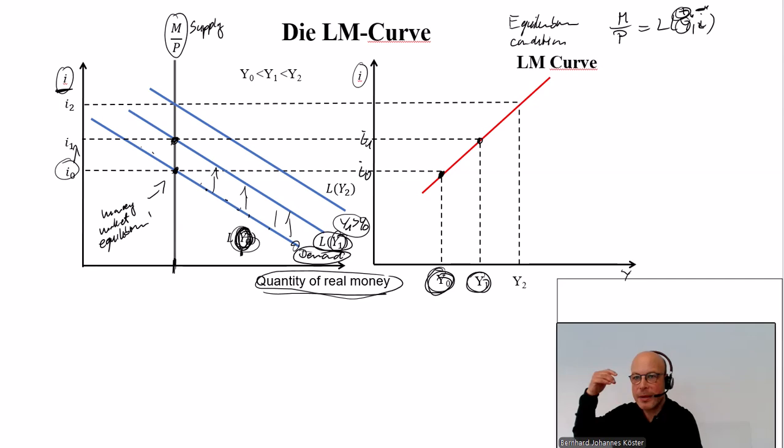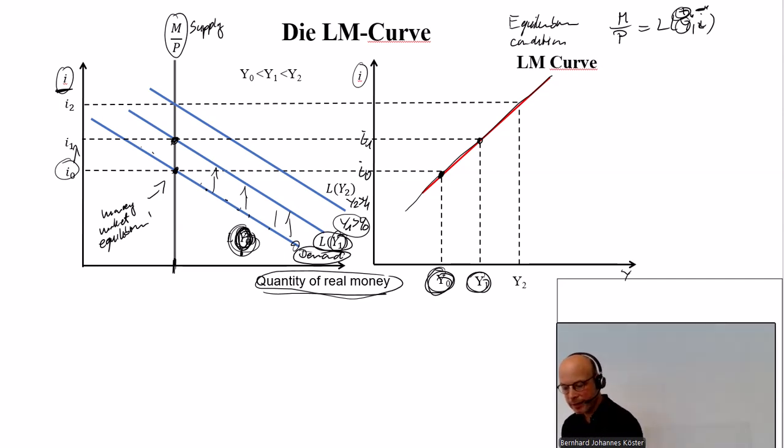Then we might make the thought experiment to do this calculation for all possible incomes: another y2 larger than y1, y3, and so on. And we can even decrease the income with respect to y0.